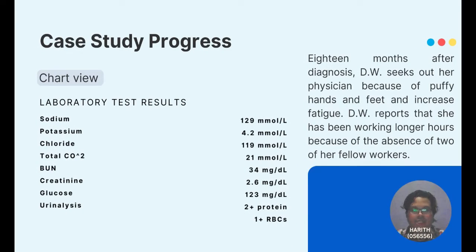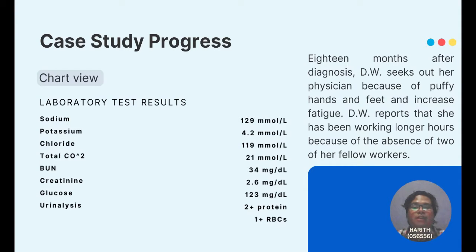18 months after diagnosis, DW seeks out her physician because of puffy hands and feet and increased fatigue. DW reports that she had been working longer hours because of the absence of two of her fellow workers.